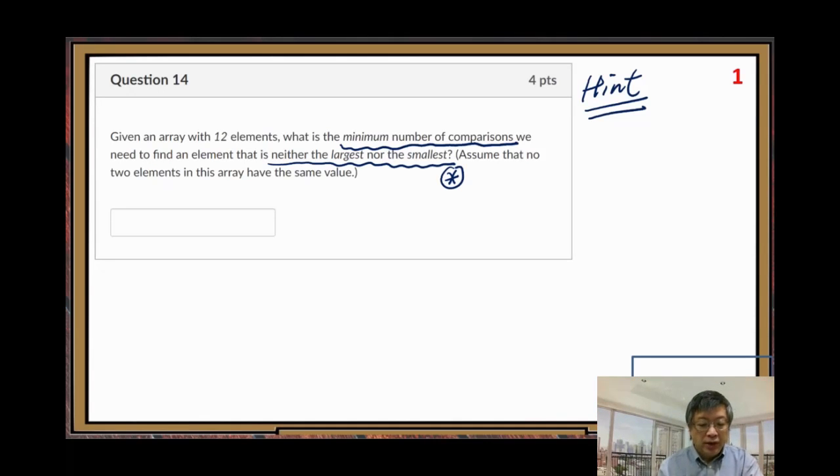Assume that no two elements in the array have the same value. That means this array has distinct elements. For simplicity, because when we do the discussion, we do not need to worry about what would happen if two elements have the same value. That will make the discussion more complicated. So we make this assumption.